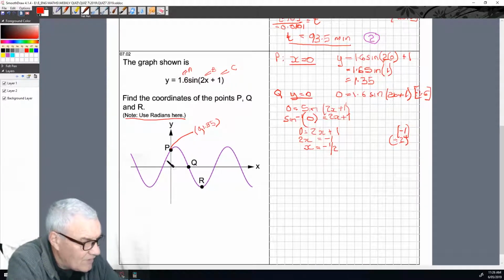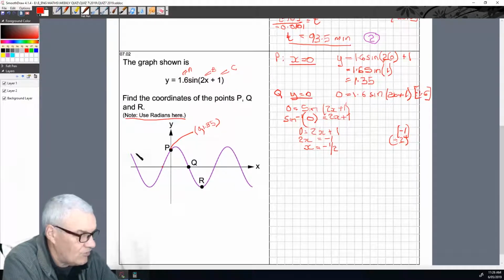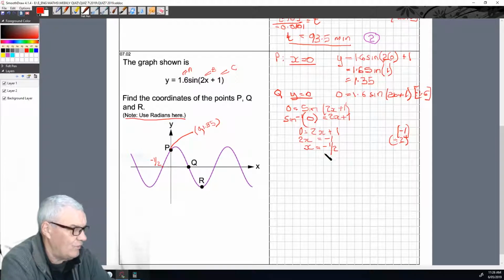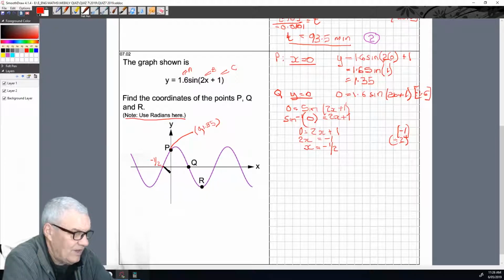So this must be this point here, because that's in the range. That's the answer we've got when we solve that, and that must be that solution there.